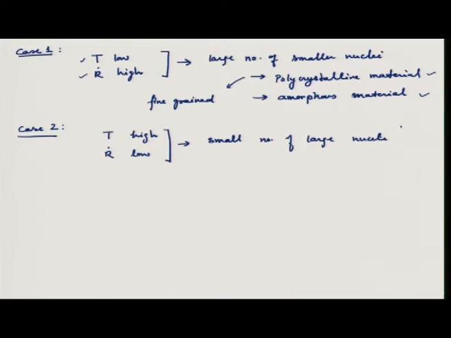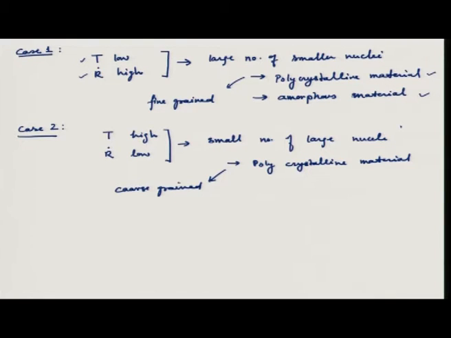Again, it may result in a polycrystalline material, but this polycrystalline material will be very coarse grained, because you have only a few of these nuclei. Each nucleus has a preferred crystal orientation, but only these are growing.